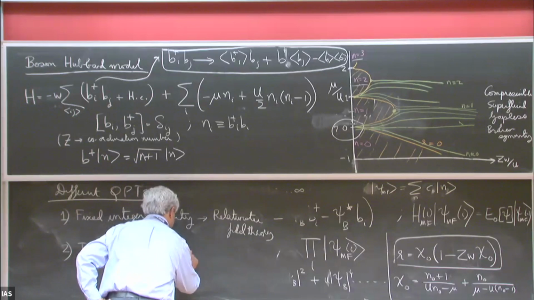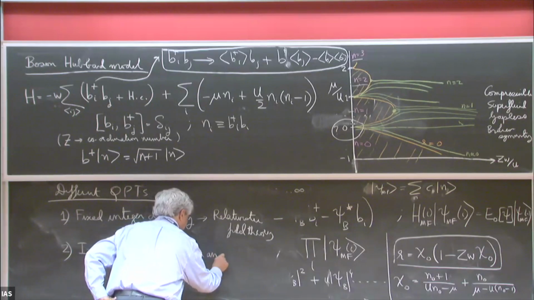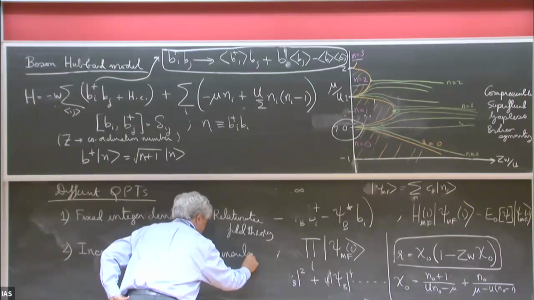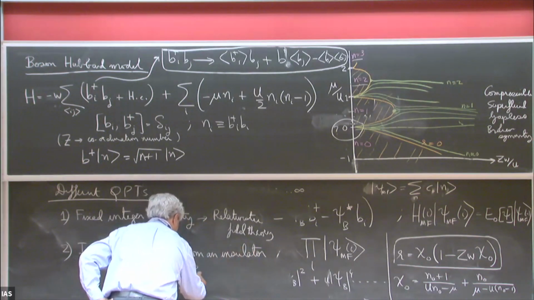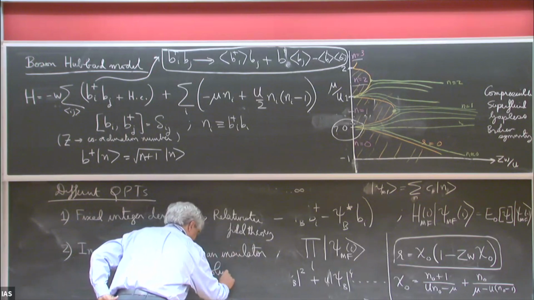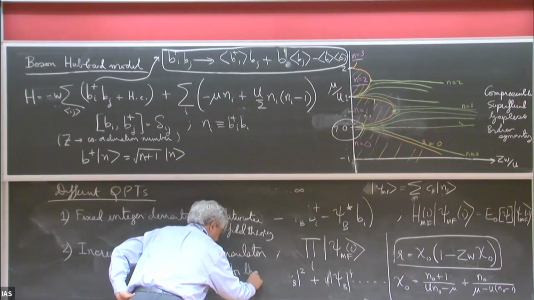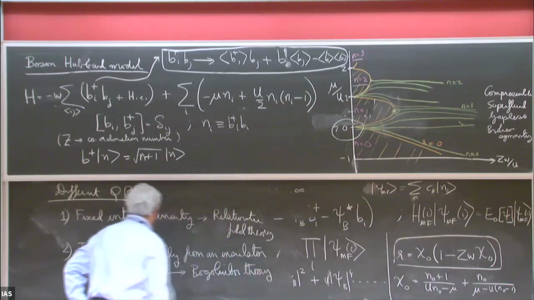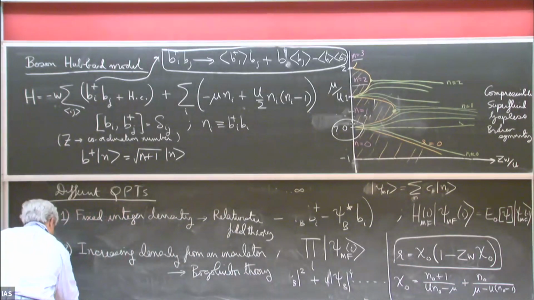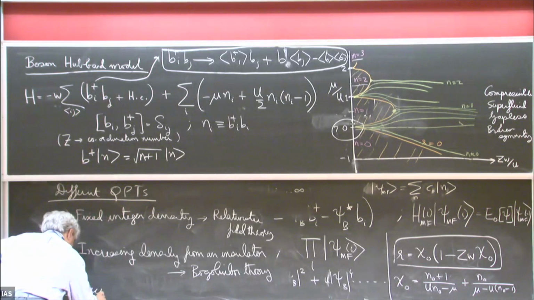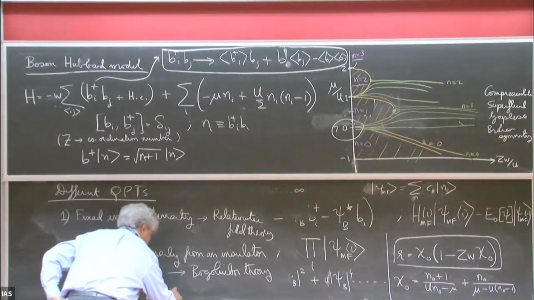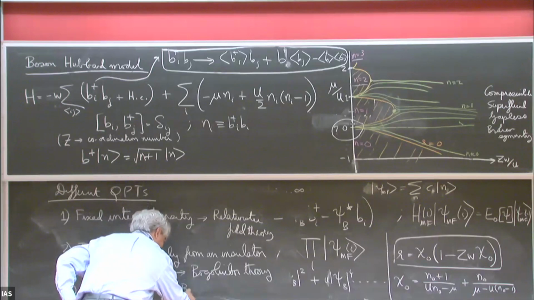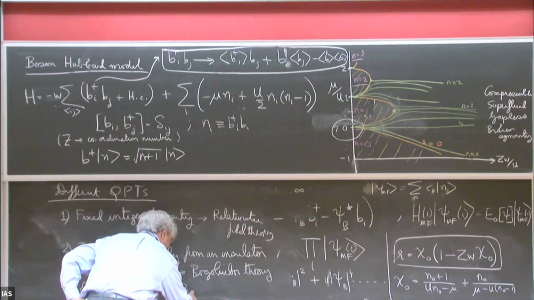And that will turn out to be the Bogoliubov theory. There's also decreasing density. And that turns out to be the anti-Bogoliubov theory, if you wish, of holes.